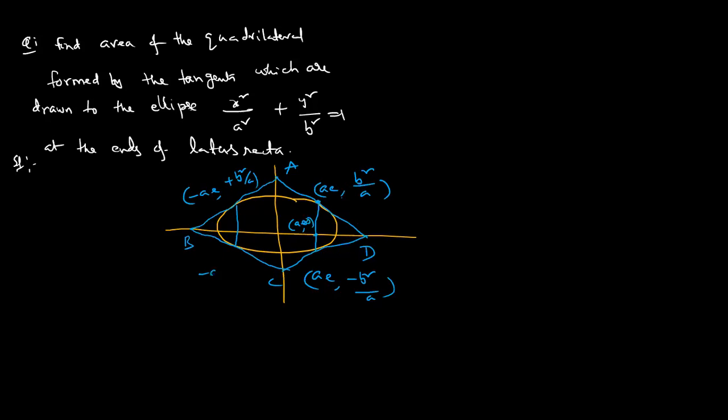This is (-ae, -b²/a). Fine. So what I'm doing, dear students, is finding only one area of the triangle, because it is symmetrical. After that, the area of the quadrilateral means 4 times the area of triangle AOD. See the solution, all of you.